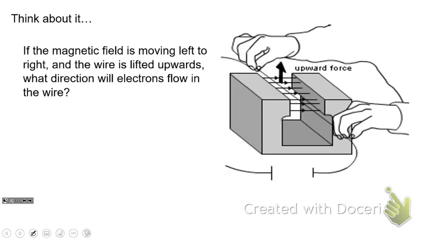If the magnetic field is moving left to right, so opposite, okay? So wait, left to right. No, sorry, you're right. So left to right, and the wire is lifted upwards. Okay? What directions will electrons flow in the wire? And consider what part of the wire is in the magnetic field.